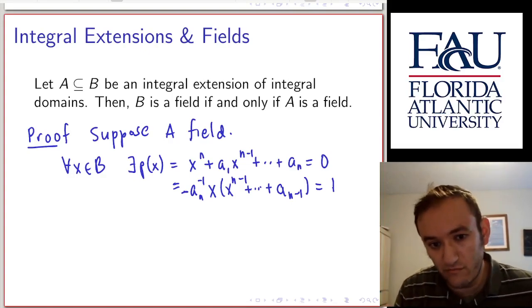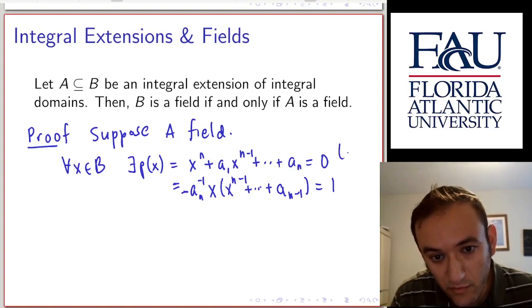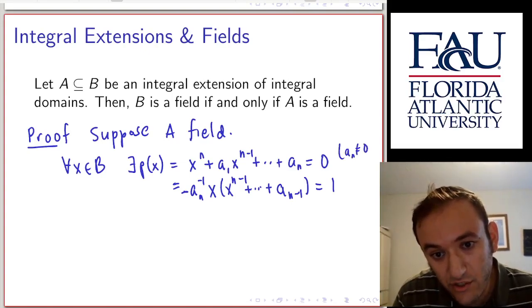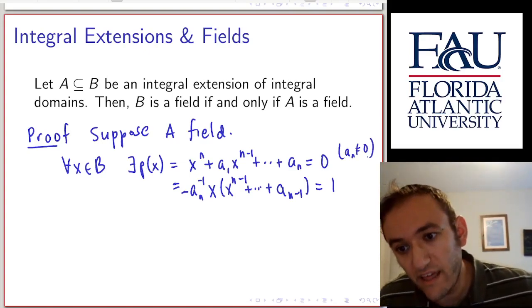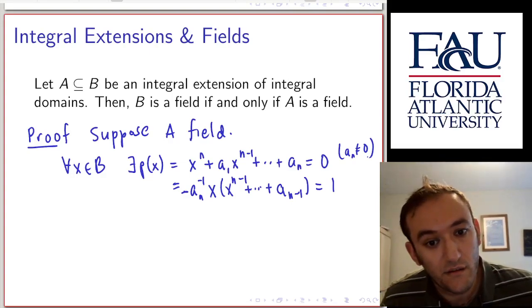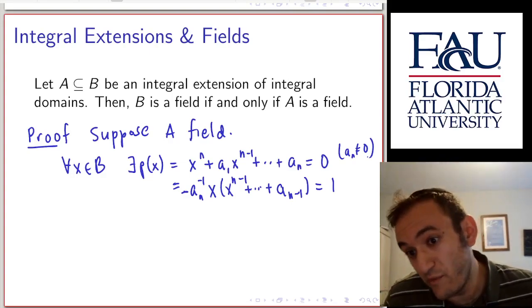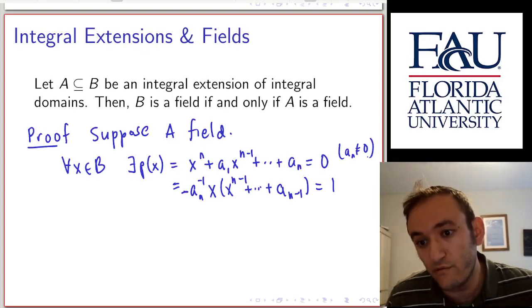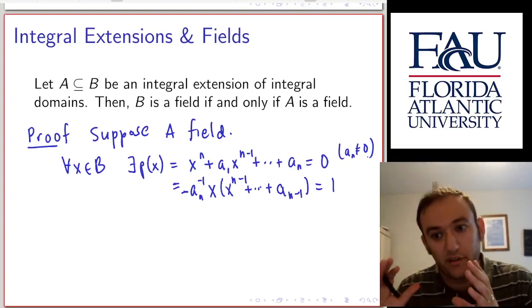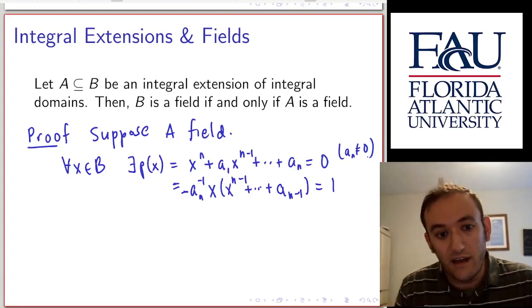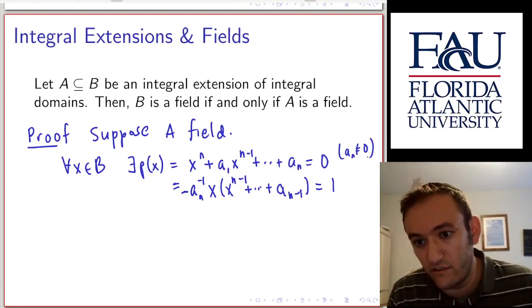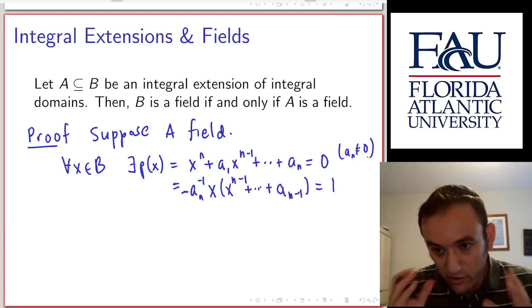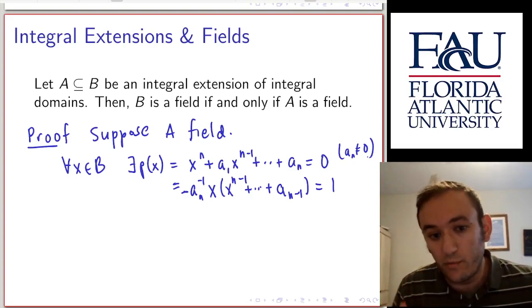And we should note that an can't be equal to 0, but this is trivial to show, given that B is an integral domain. So if you had a polynomial whose constant term was 0, then you would have x times some polynomial is 0. So either x is 0, in which case it's in the field anyways, or the polynomial is 0, in which case we have a smaller minimal polynomial.